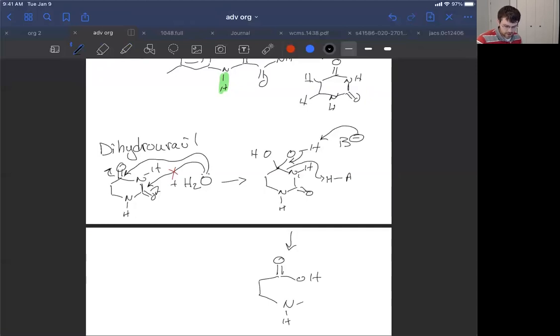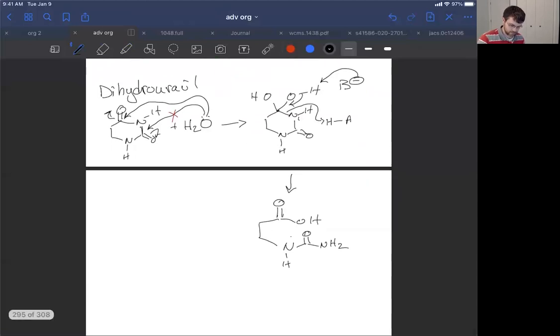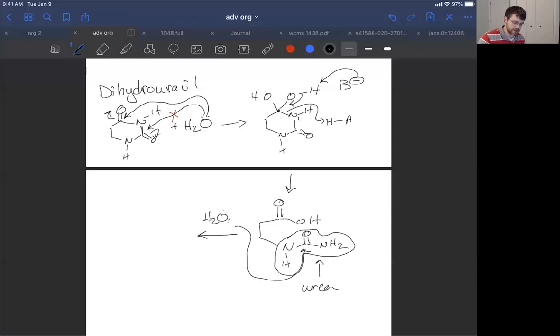Which then releases this interesting carbamate. It's more like a urea structure, I guess. Now, if we add water here and do another hydrolysis, there are a few ways you could lose this.